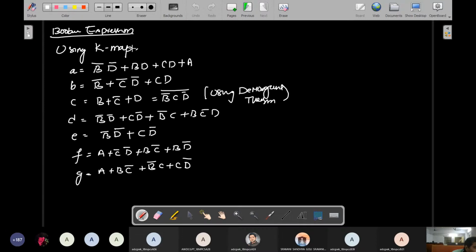The only purpose in this chapter, only for the BCD segment, is that they give you the boolean expressions obtained using K maps. So that is the reason I am not explaining K maps right now. So simply memorize all these things. For example, a is equal to B bar D bar plus BD plus CD plus A. How you will remember is completely your own responsibility, because there is no shortcut to remember all these things. So simply learn them by heart, everybody.